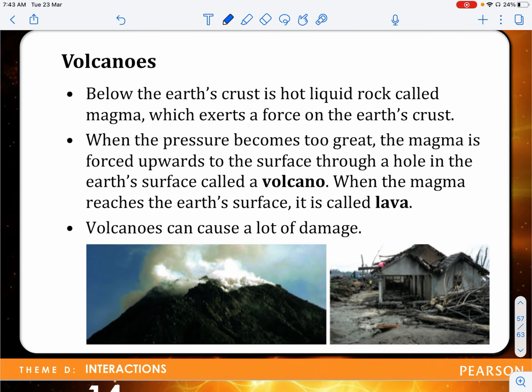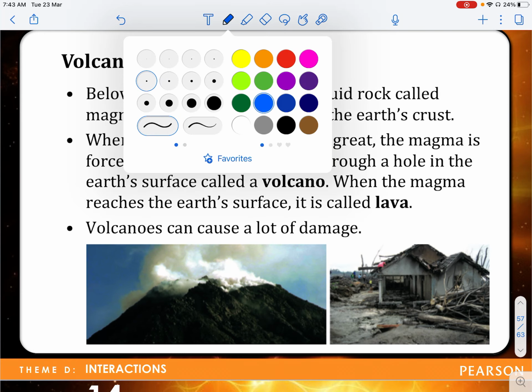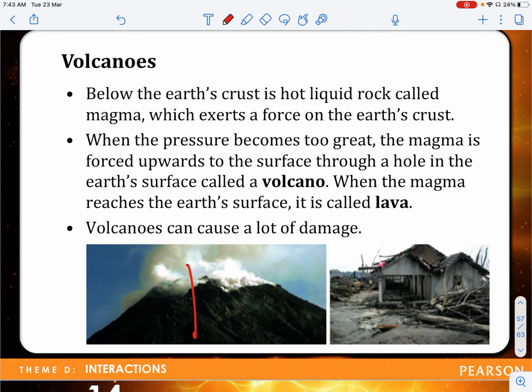Volcano is another one, whereby below the Earth's surface is this hot liquid called magma that exerts force on the crust, leading it to explode upwards if the pressure is too great. Then, when it reaches the surface, it cools down to form lava, and this can cause a lot of damage as well.